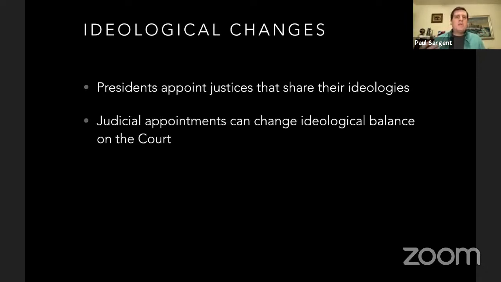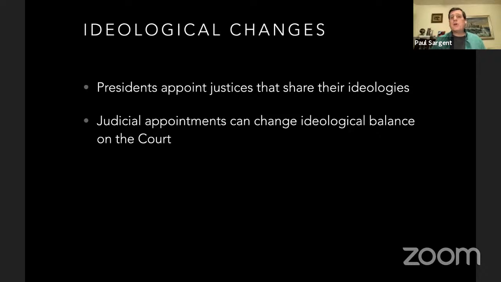As those appointments begin to take hold inside the judicial system, that can change the ideological balance on the court, the Supreme Court in particular. And a great example of this is what we have currently. Over the last 4 years, President Trump was able to nominate and have confirmed 3 new Supreme Court justices.